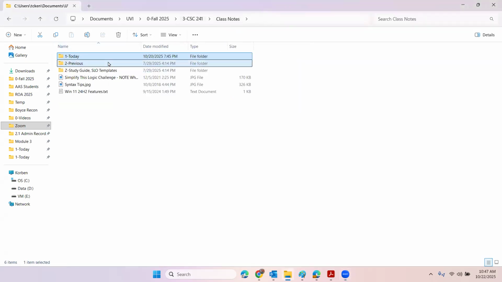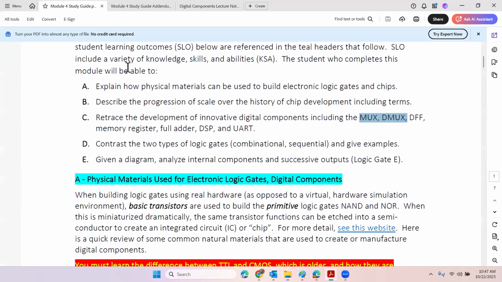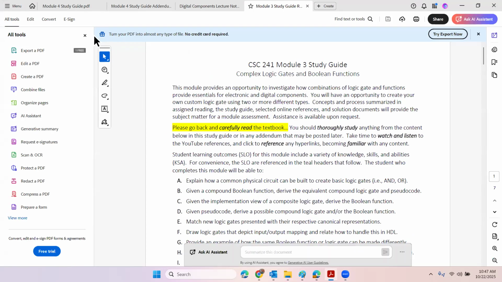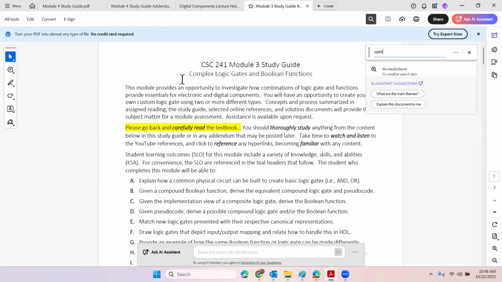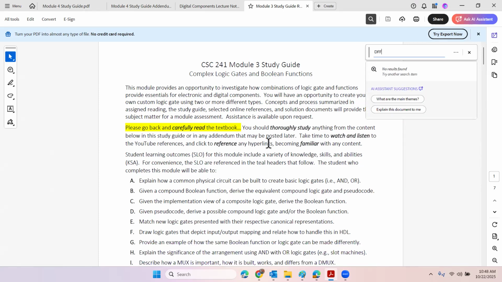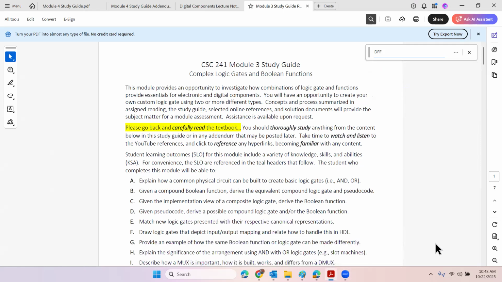I don't think it was. Let's search here. Mux. DFF. No results. Okay. That's what I thought. The mux and the demux allow you to select, and that's incredibly important.